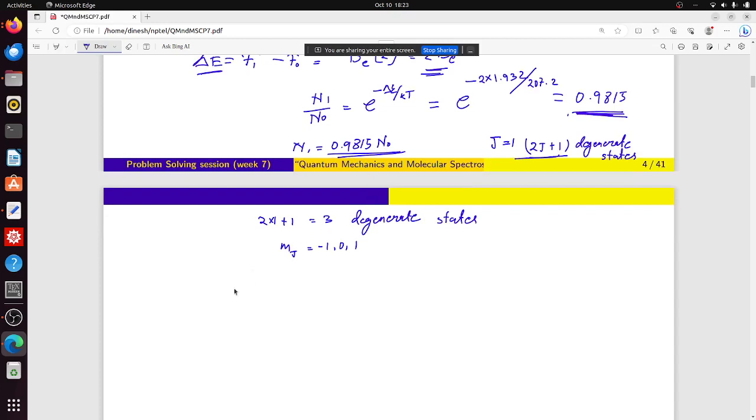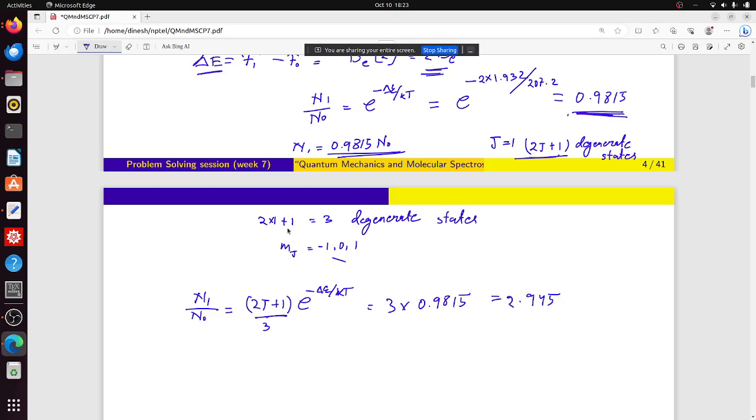So there are total particles in n1 state, therefore n1 by n0 equals 2j plus 1 times e to the minus delta E over kT. Right, so this is nothing but 3 times 0.9815, okay, so this will give us 2.945.